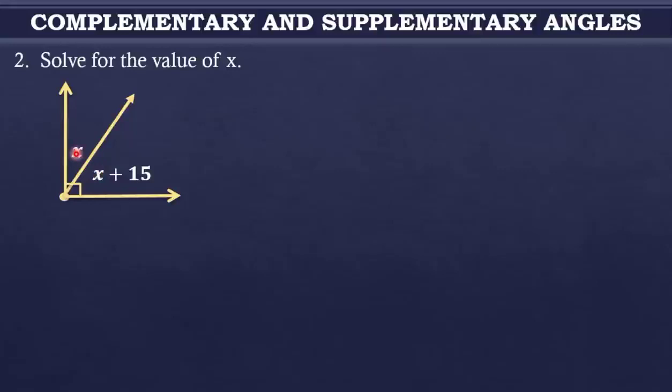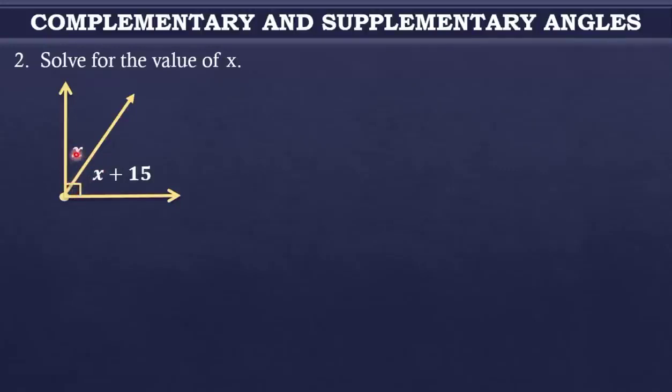So, i-apply natin yung natutunan natin sa part 1 na ang sum ng complementary angles should be 90 degrees. So, yun po ang gagamitin natin. Paano nyo malalaman na 90 siya? Meron siyang ganitong symbol. Okay? Meron po siyang ganito. Ibig sabihin, 90. Okay.